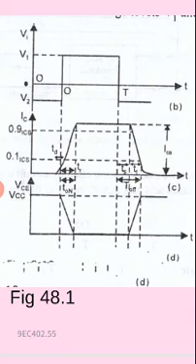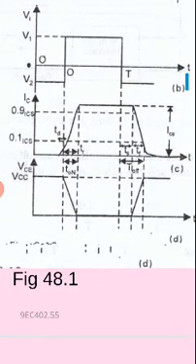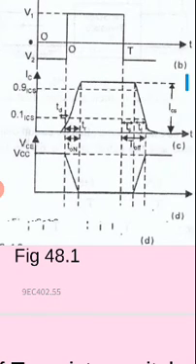Hence it gets reverse biased and cannot conduct. Hence it remains in the off state. For this period, the collector current IC is 0, as shown in the figure. For that, the output voltage VCE is VCC, as shown in the figure.